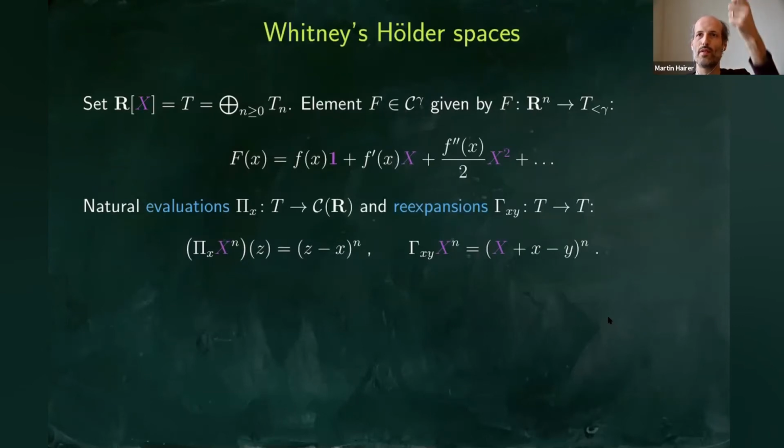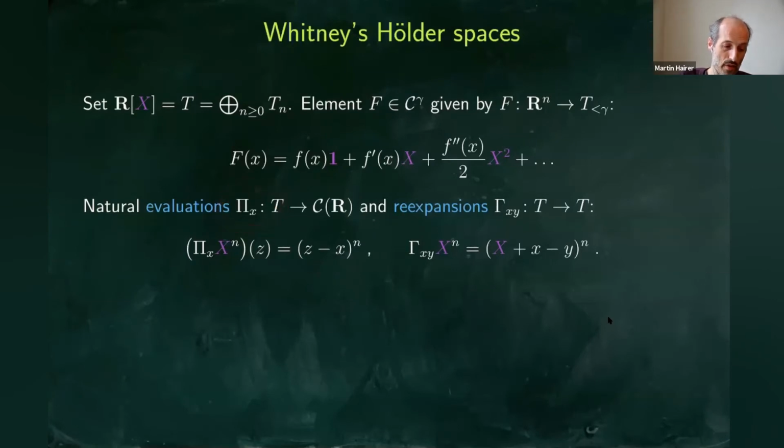So you always fix a base point around which you perform your Taylor expansion, and then you have a polynomial in dot minus that base point. And so you have a collection of natural evaluation maps that depends on that base point, and that basically turn the purple X into the linear function that vanishes at the base point, so into the function z minus x.